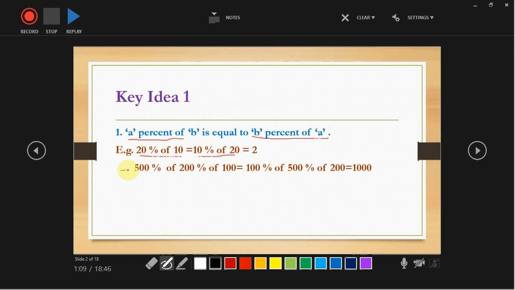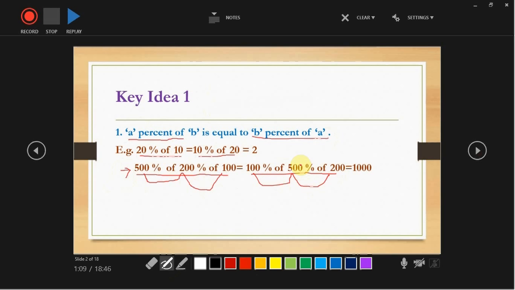This can be extended to 3, 4 and 5 numbers also. For example, 500% of 200% of 100 is 100% of 500% of 200. So long as these three numbers are here, flipping the numbers before or after does not matter.